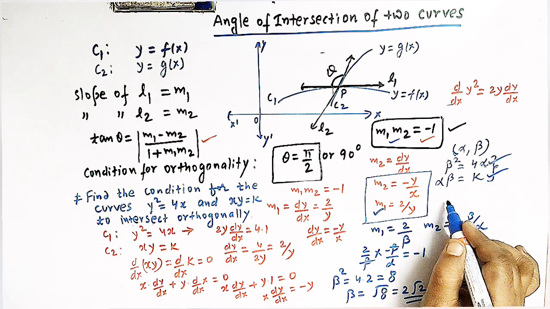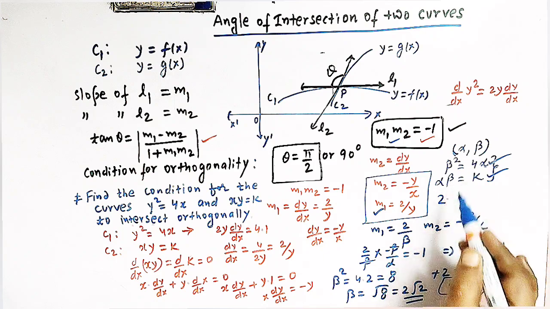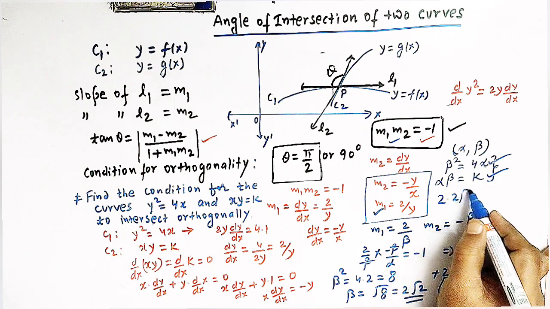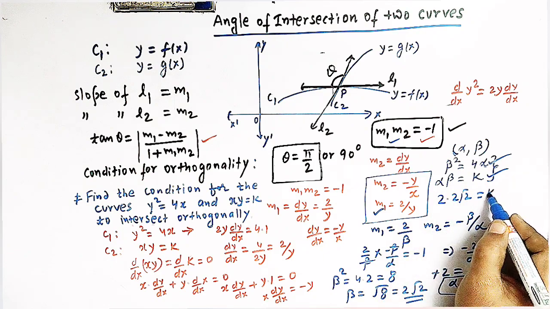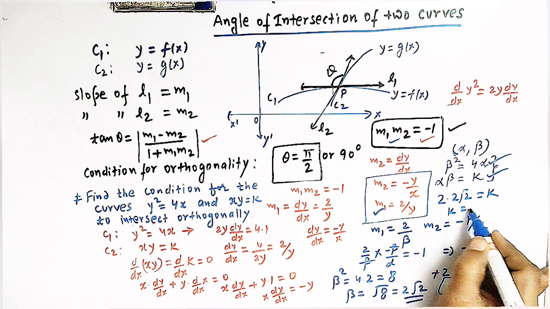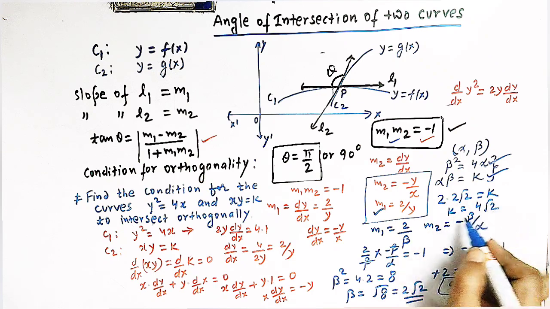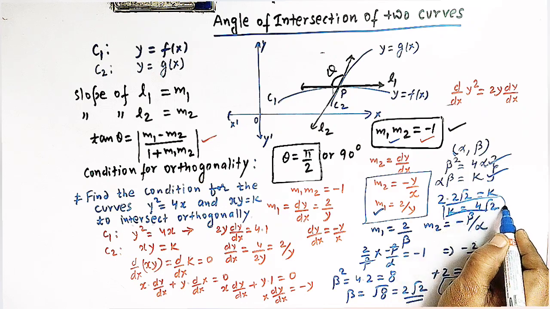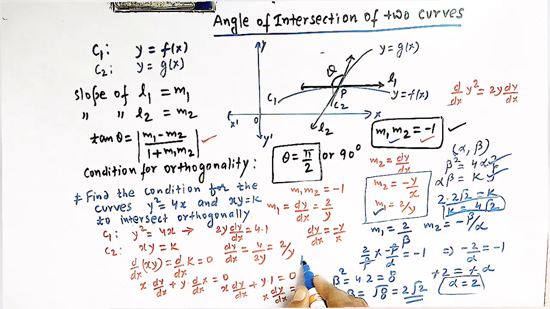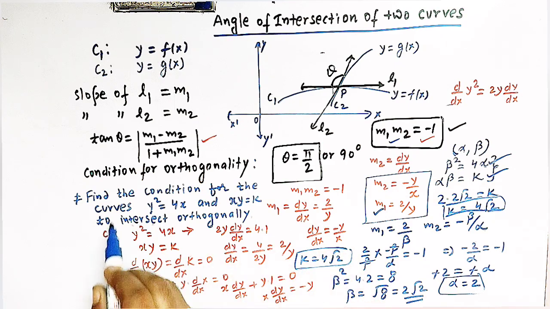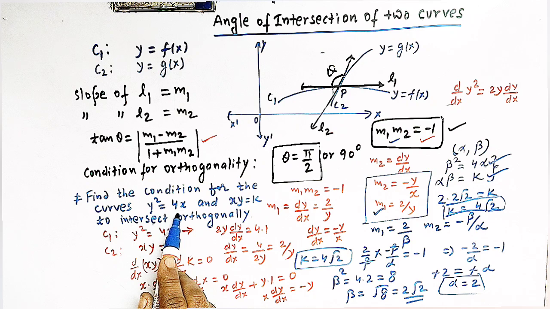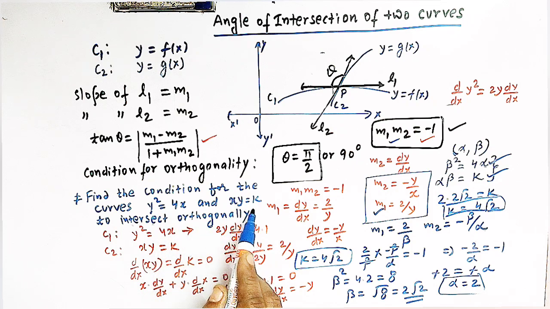So we have now alpha 2, times beta 2 root 2, and here we have k. So k is equal to 2 times 2 is 4, so 4 root 2. So this is the condition, that is k should be equal to 4 times root 2 when the two curves y square is equal to 4x and xy is equal to k intersect orthogonally.